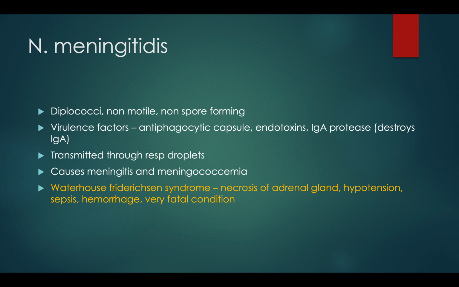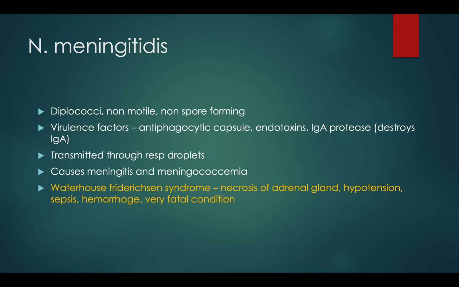It is transmitted through respiratory droplets. It can cause meningitis and meningococcemia. That's a fatal condition, septicemia and meningitis and everything, and it's a really fatal condition. It is associated with Waterhouse-Friderichsen syndrome. I don't know if I pronounced it right or wrong, but you have to remember this one because you can get questions on it.